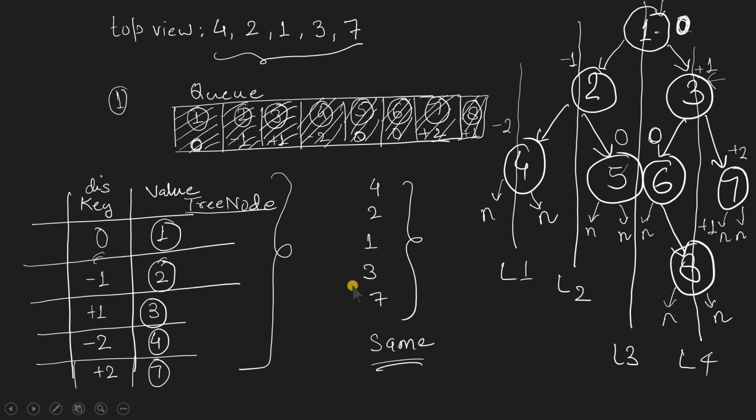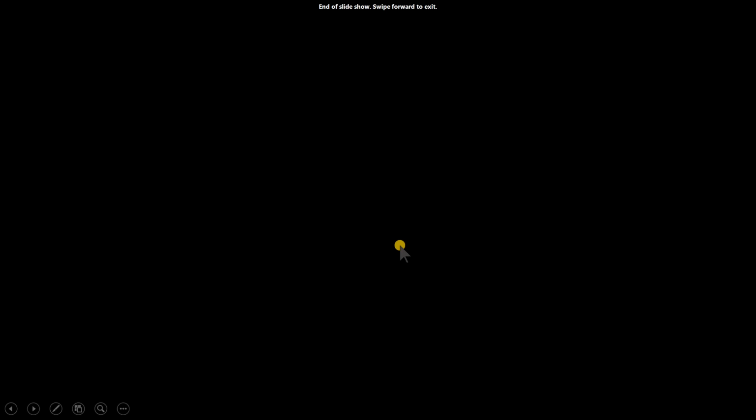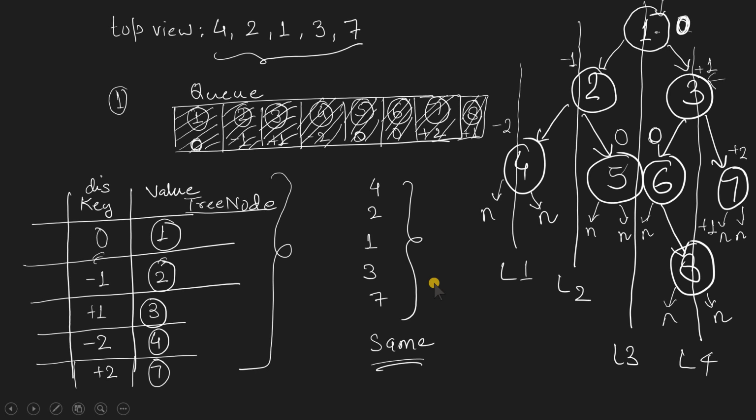Now let's understand the time complexity of the algorithm. To understand it, we have to understand what we are doing here. We are taking each and every element and then inserting into the map, right? So for all the elements which are in the tree, we are doing operations on the map.